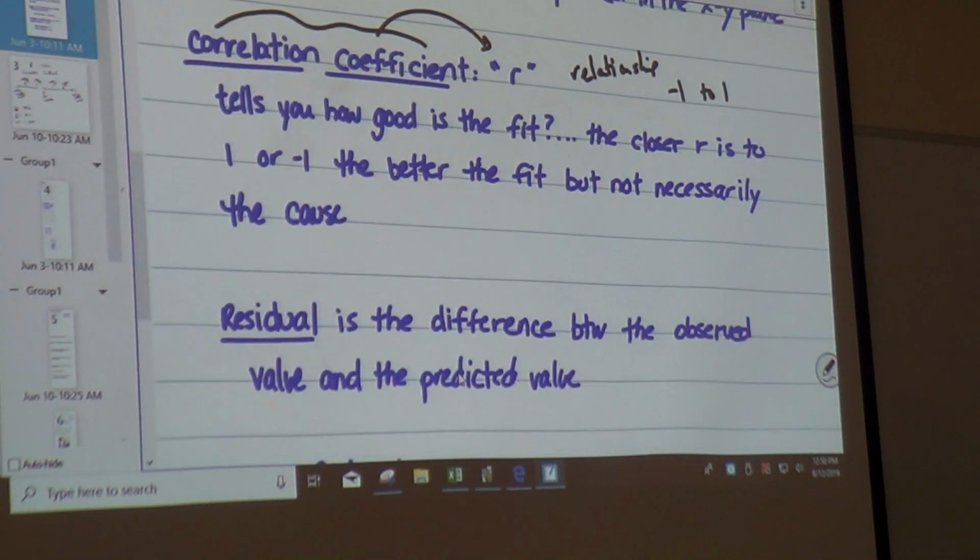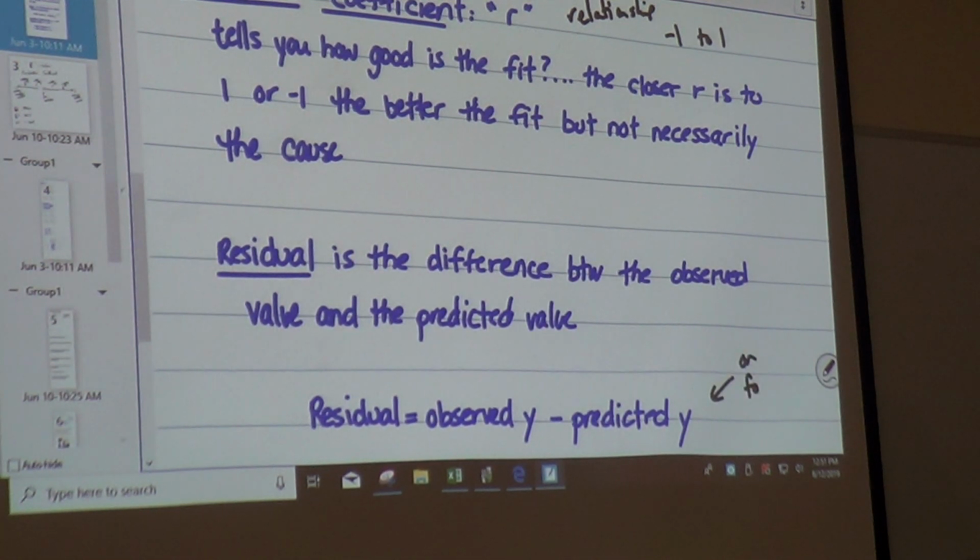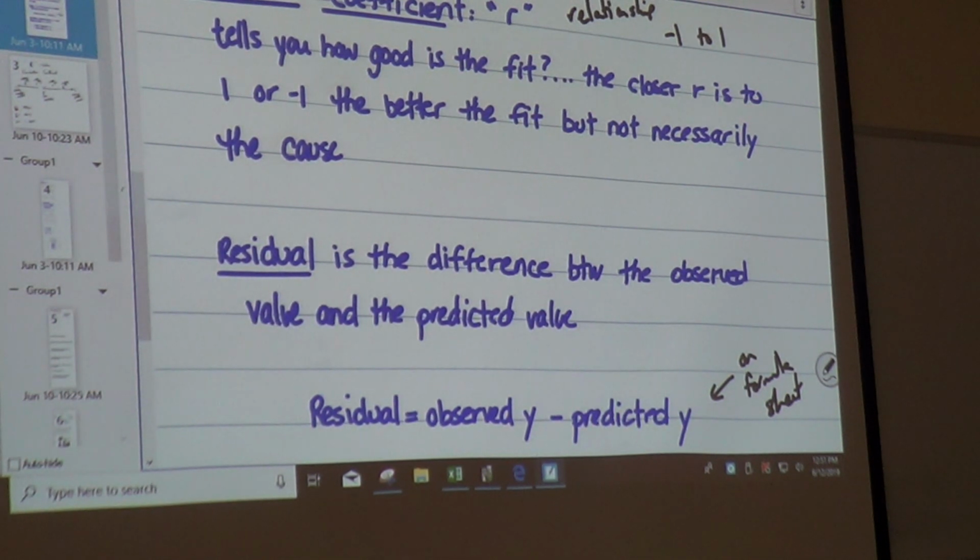The residual's kind of like the leftovers. It's the difference between the observed value and the predicted value. And this formula is on your formula sheet. Let me double check, but I'm almost positive it is. Residual, yep.